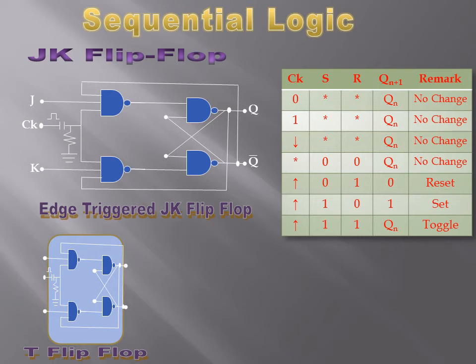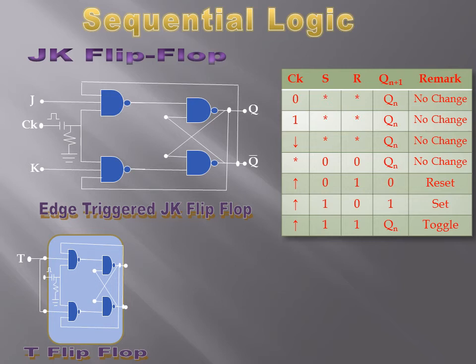But if we have the JK flip-flop and we connect the two inputs together, we make a T flip-flop. When we give 1 at T, the flip-flop will toggle, meaning that its output will change with every clock pulse being given.